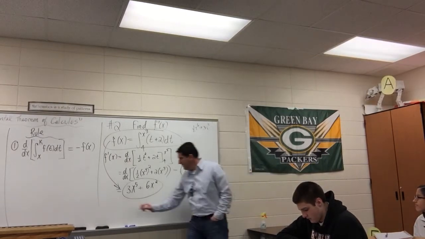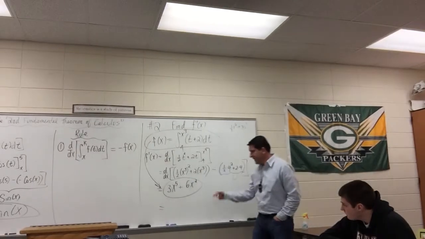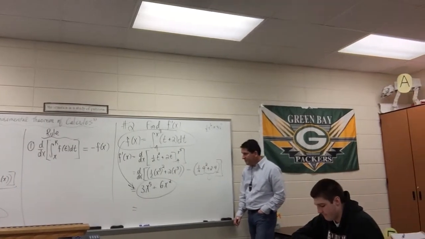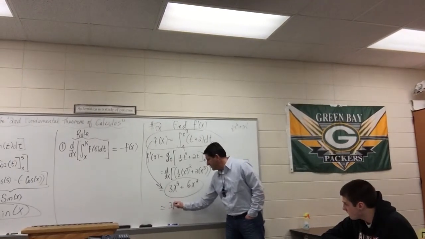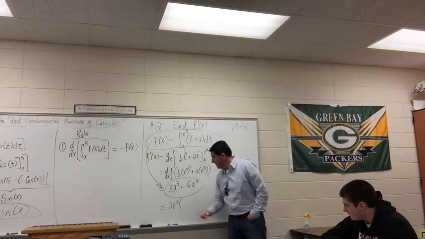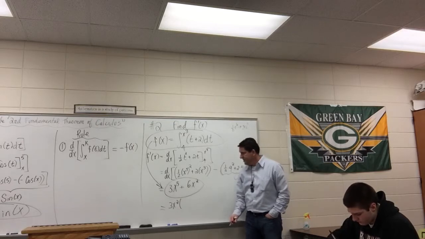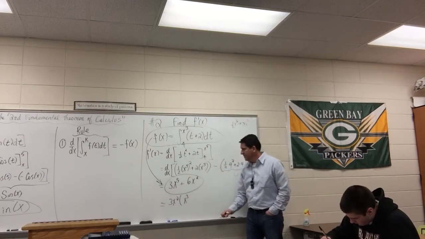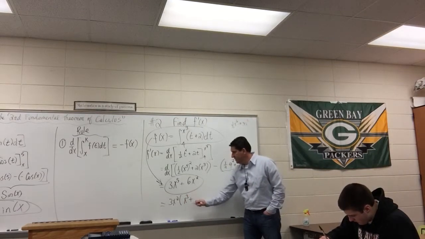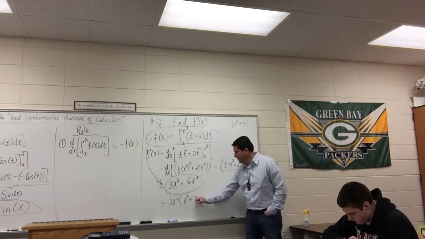Let me try this. I'm going to factor. We can factor something out of this, right? So what can we take out? 3x squared, which leaves us x cubed plus 2.